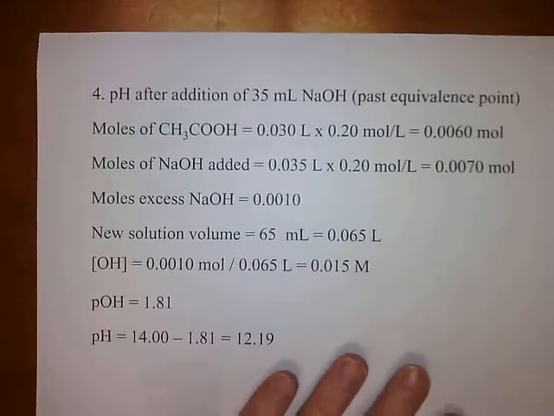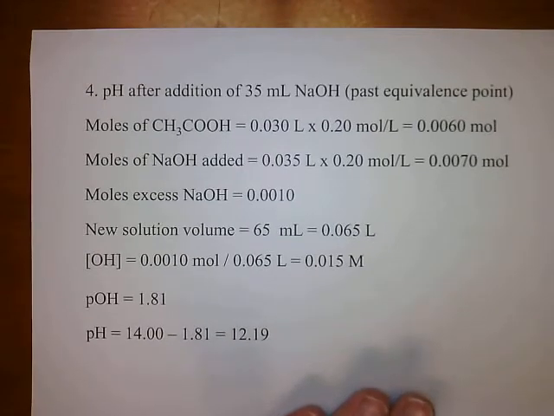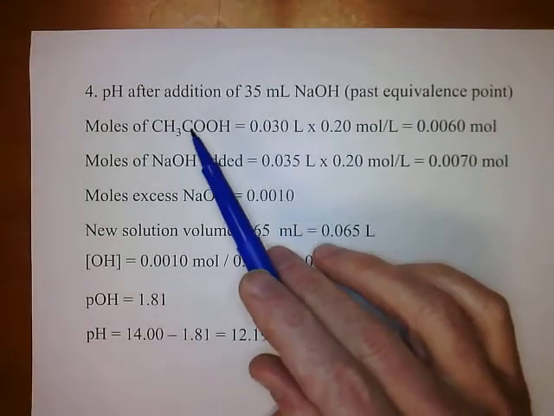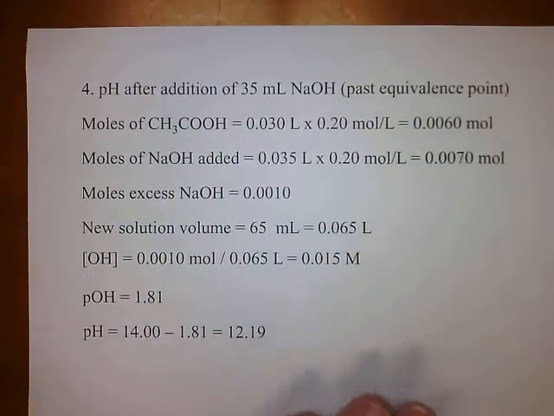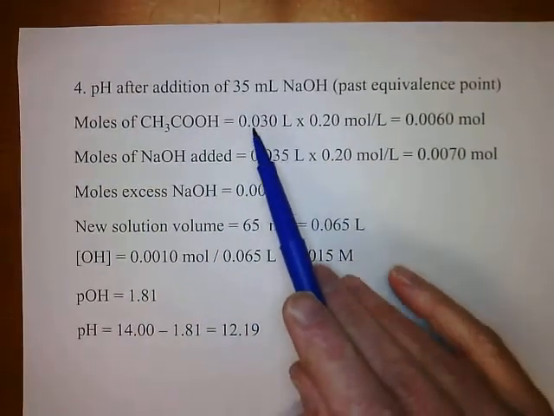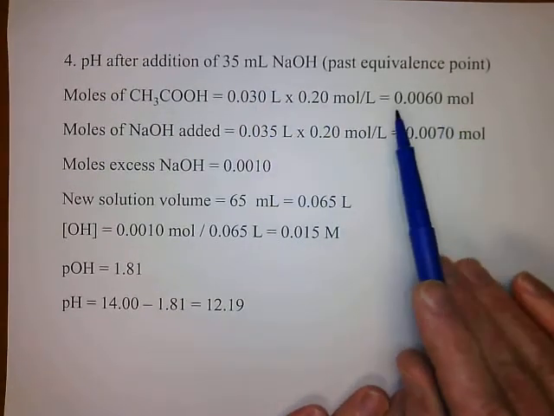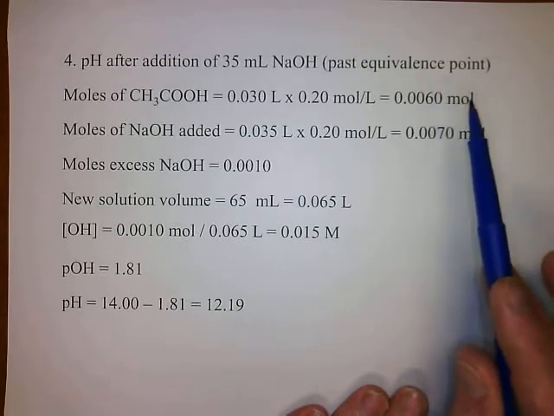We're going to have to figure out how many moles of excess sodium hydroxide we've added. So how many moles of acid did we start with? The 30 mL, which is 0.030 liters, times 0.2 moles per liter is 0.0060 moles.